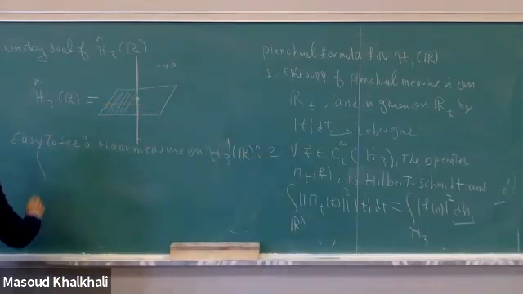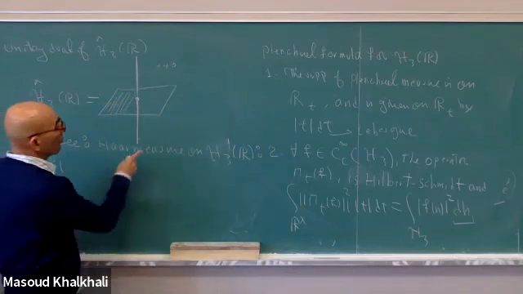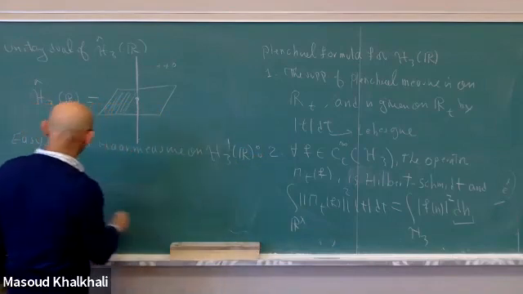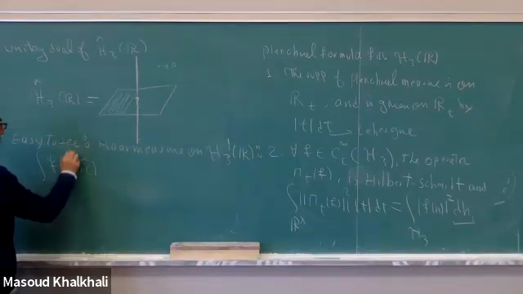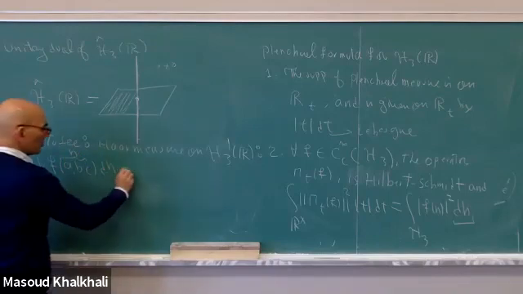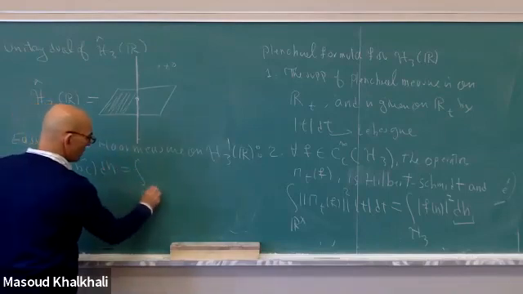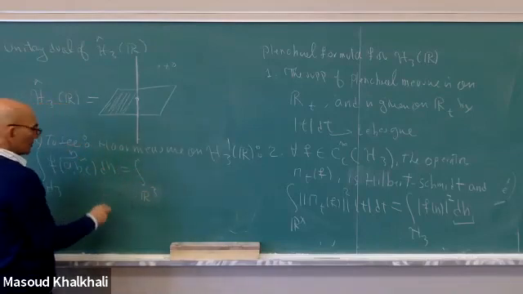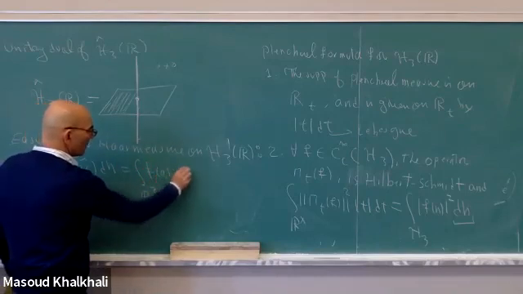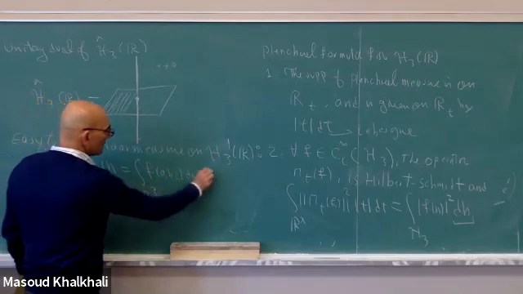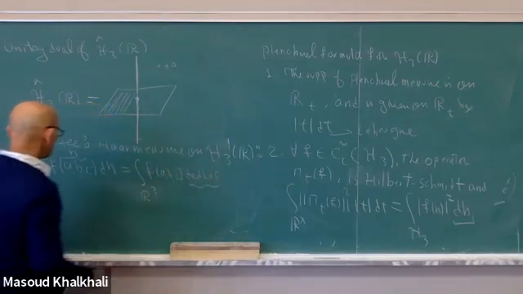Because there are global parameters a, b, c here, the integral of f of h dh over H3 is equal to the integral over R3, just Lebesgue measure, of f of a, b, c da db dc.